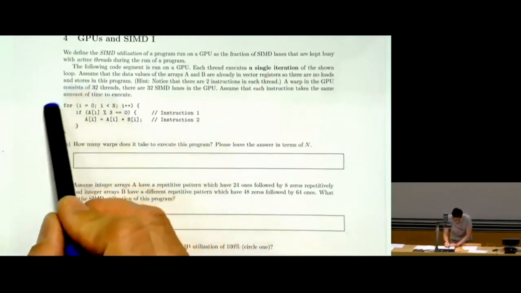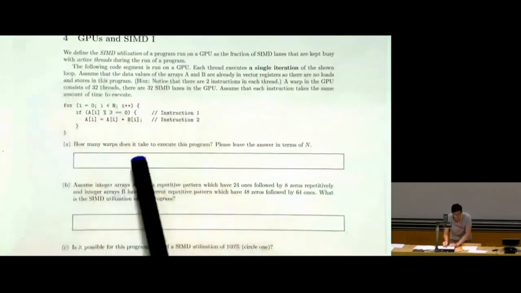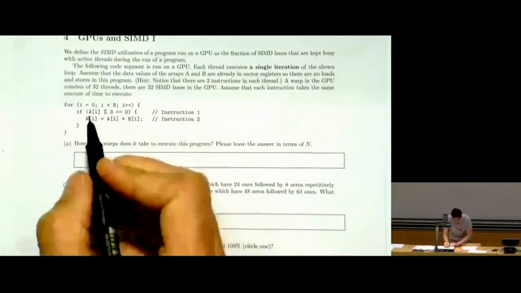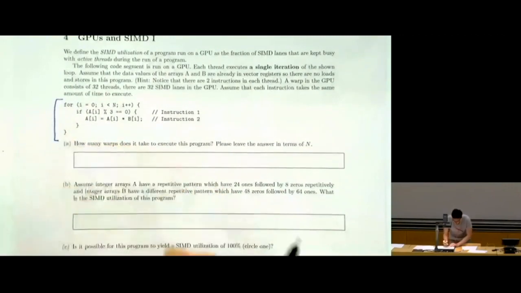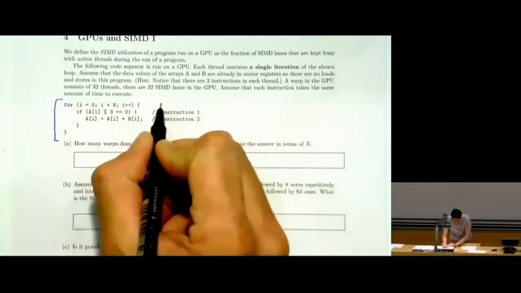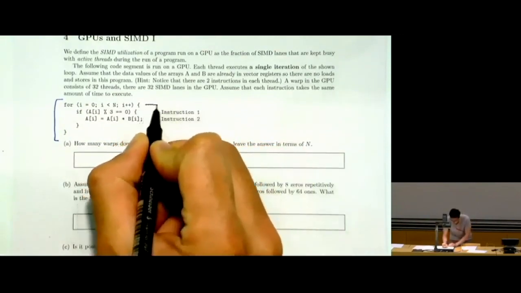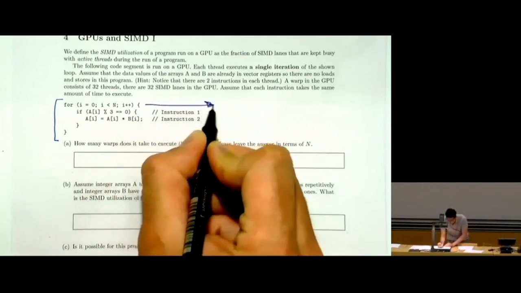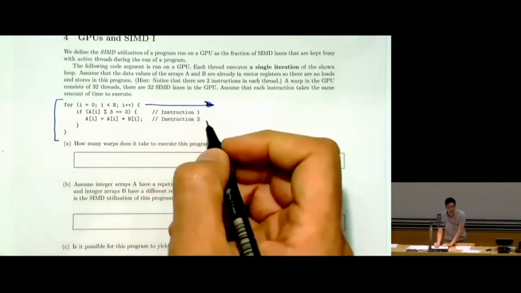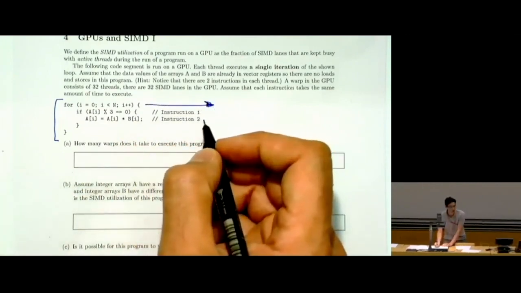The question gives us some piece of code, and this is essentially a for loop, as you can see. And it says that this is going to be executed on a GPU. So the way that this is going to be executed on the GPU is distributing the iterations of this loop across the threads that we have in warps.